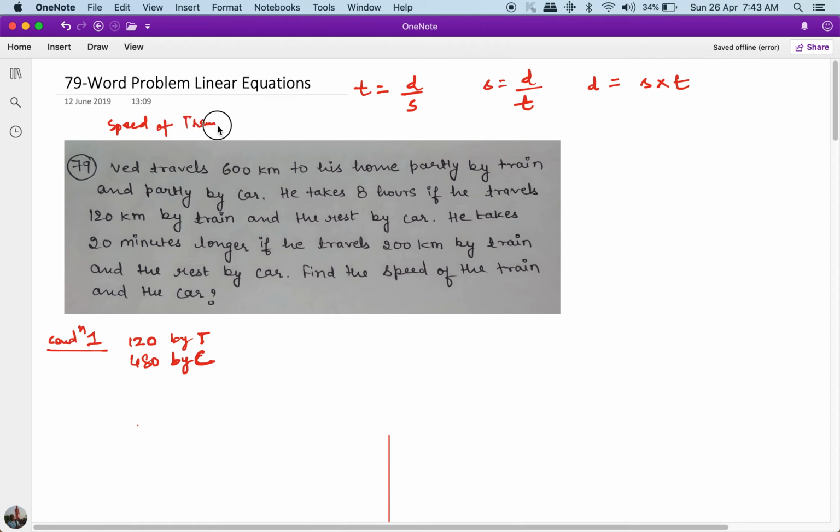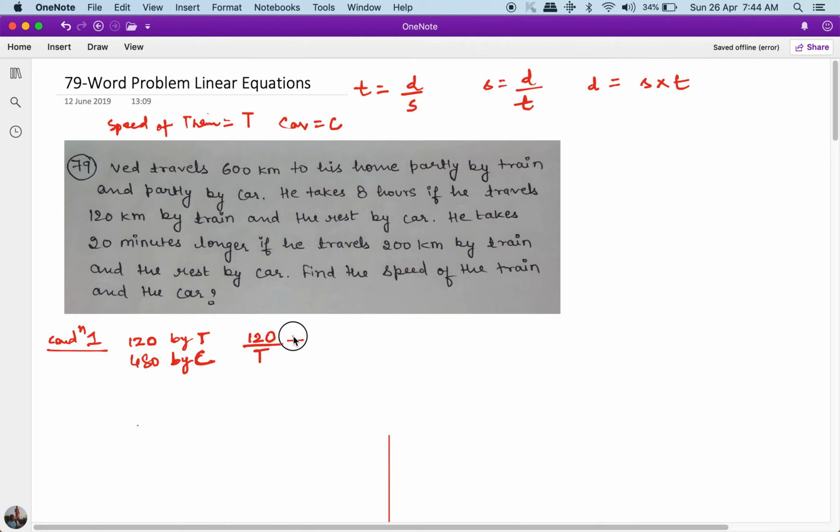So what is the time taken by Ved to travel 120 kilometer by train? We know that time is equal to distance upon speed. So distance is 120 kilometer and the train speed is t. So this is the time taken by Ved to travel the distance by train.